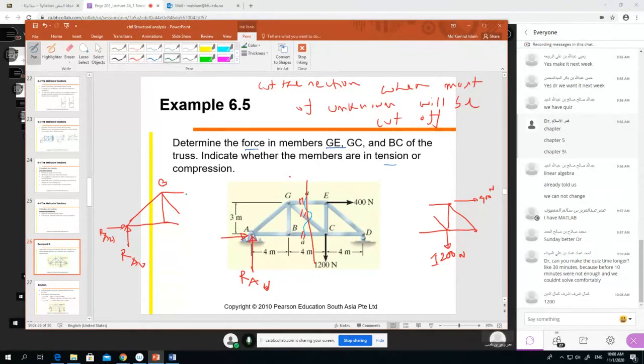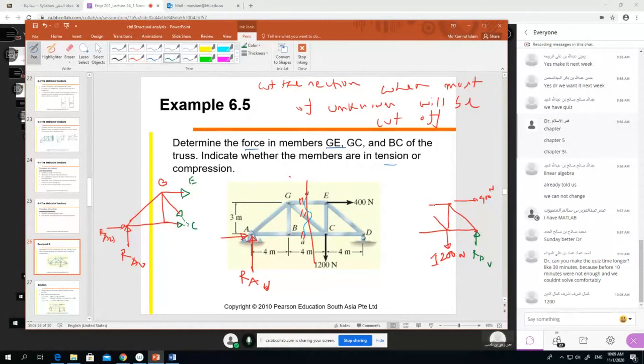These three are F, E, and C. As I told you, when a member is cut off and we don't know its direction, we always assume it is tension. All three are tension, and they meet imaginarily here. Similarly, in this diagram, D is the roller, so there will be only one reaction, RDV.